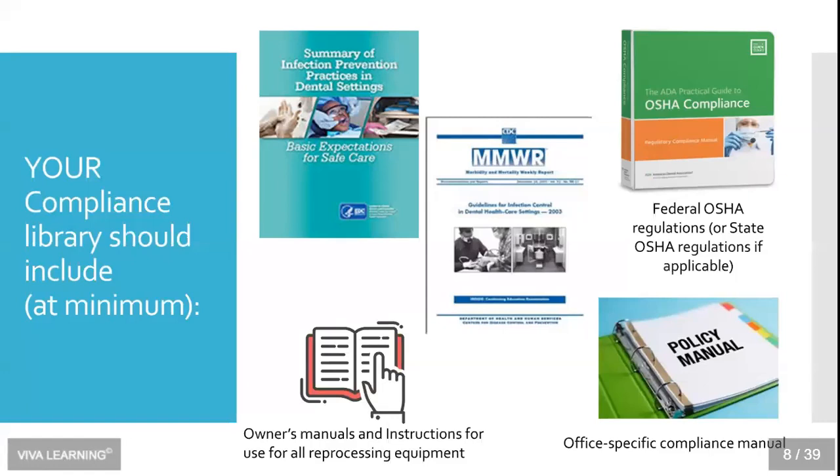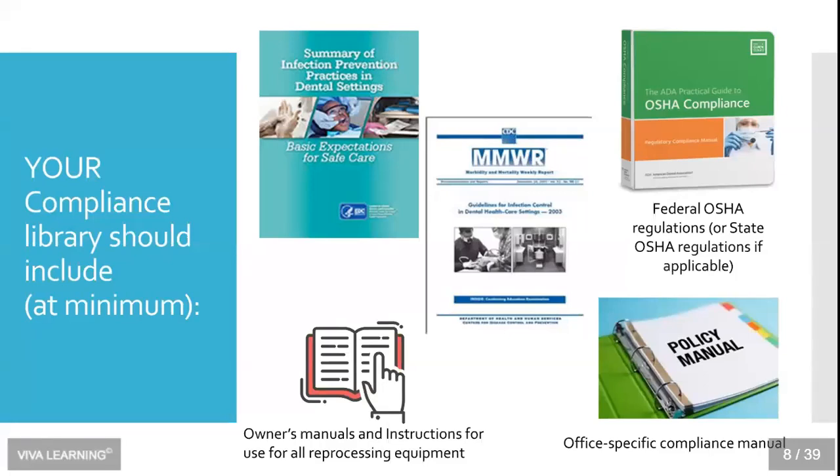On the upper right-hand side is an OSHA compliance manual. This particular one was published by the American Dental Association, but there are a number of others that are very excellent resources as well. Then in addition to that, you need an office-specific compliance manual, and these are policies and protocols that are specific for your particular facility.